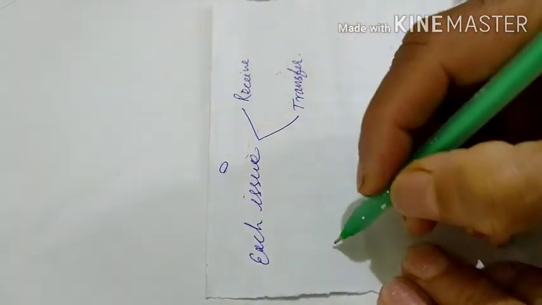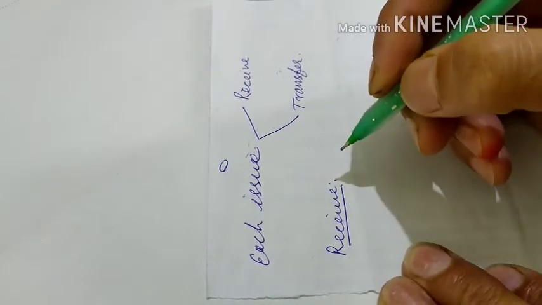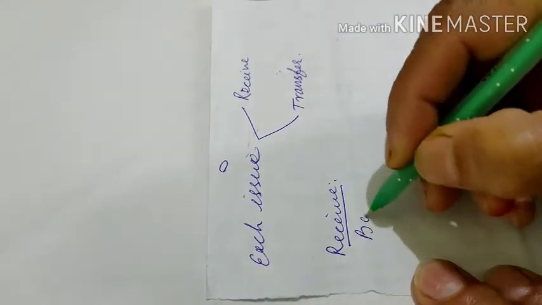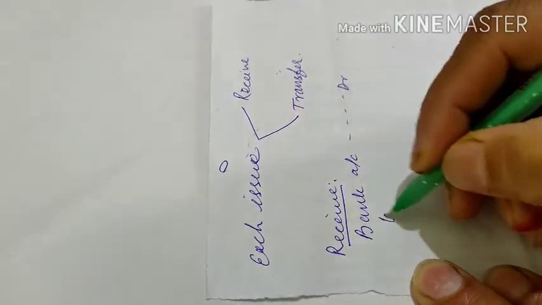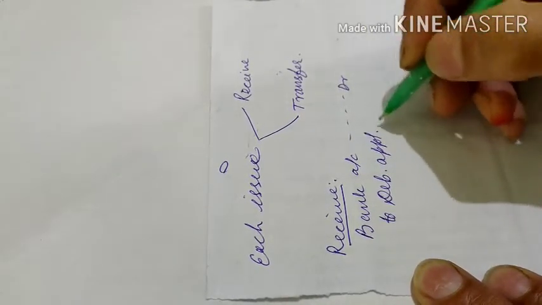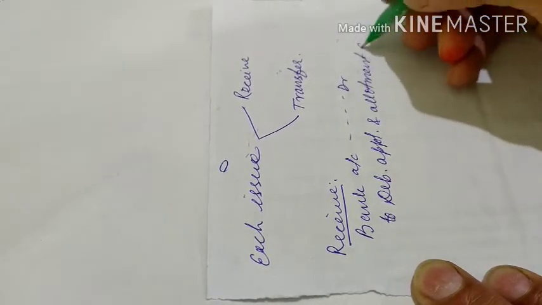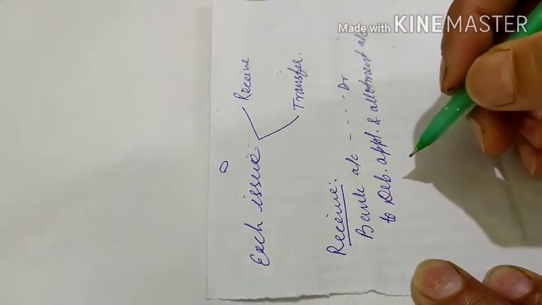Now the entry for receive. What is received? Application money is received. So you have the entry: bank account debit to debentures application and allotment account. So every time you will have this entry for the receive.